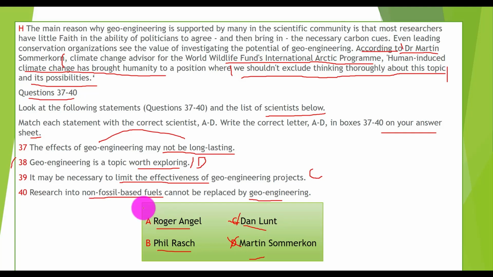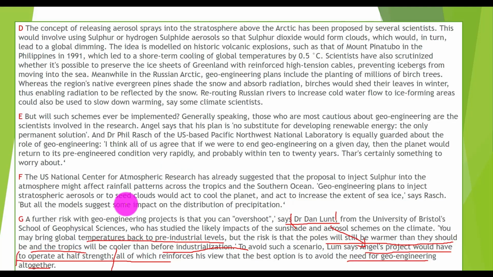Okay. Now let's go back to our paragraphs, and paragraph F, U.S. National Center. Now let's just skim and find the names of the scientists. Okay. Rush, we have Rush, and I need to read this sentence carefully.